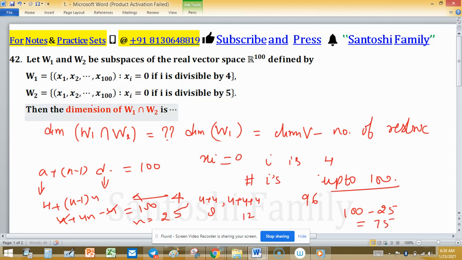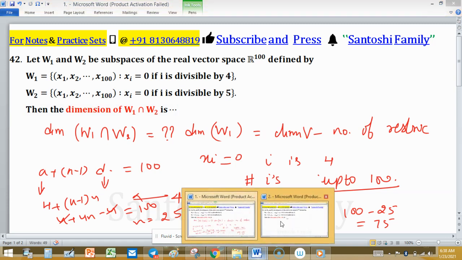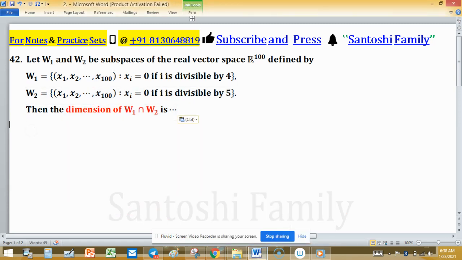Now you can find the dimension of W2 in a similar fashion. The least number is 5 and the largest number up to 100 is 100.